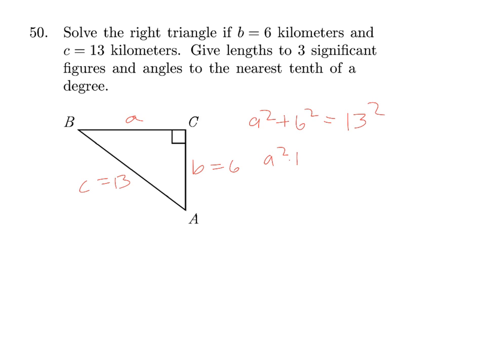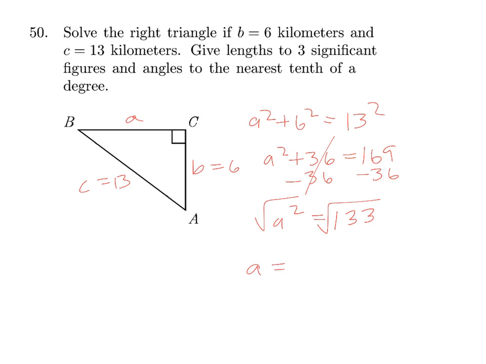So I have a squared plus 36 is equal to 169. Subtract 36. A squared is equal to 133. Take the square root of both sides. I cannot simplify the square root of 133, so a is equal to the square root of 133.